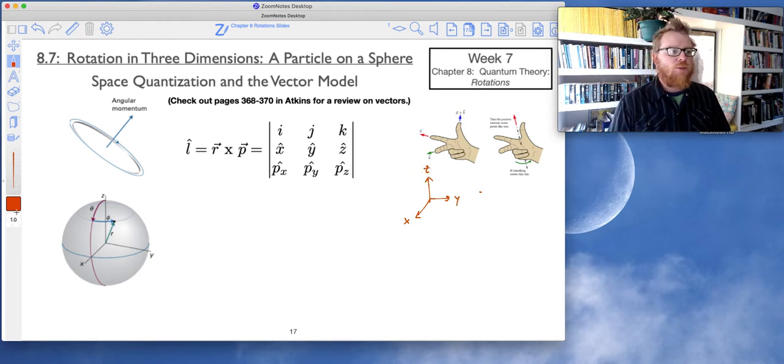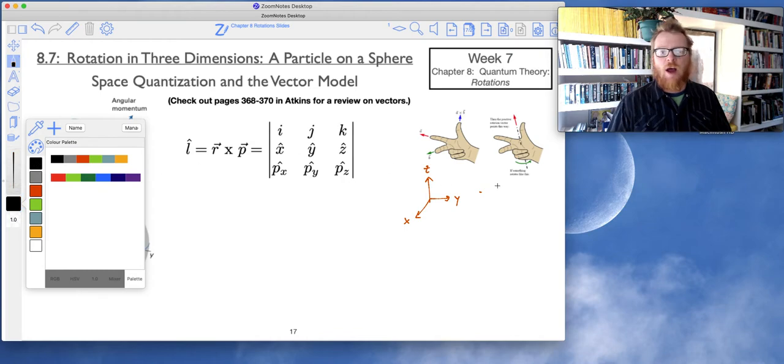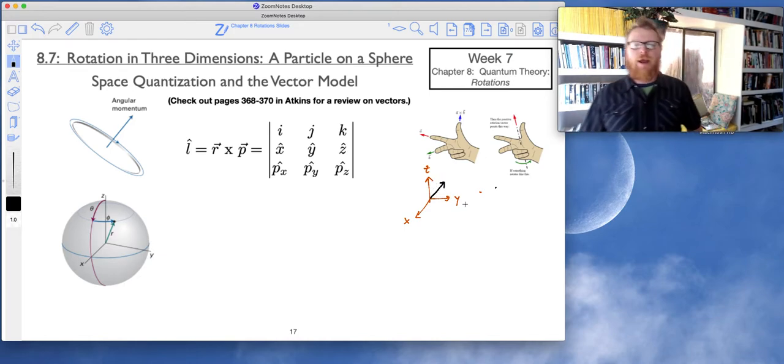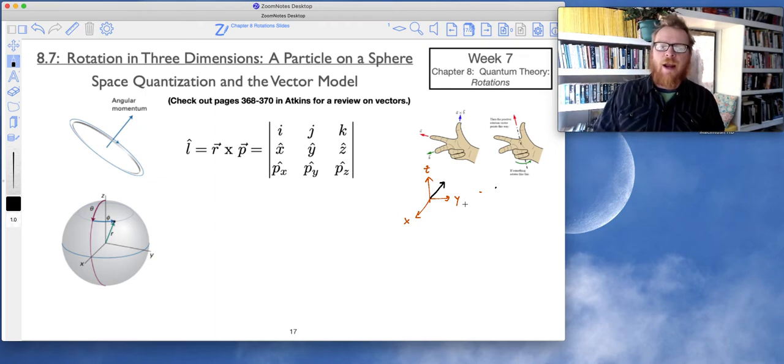All right, so I'm going to draw some vector going into the ZY plane. I don't know why I chose to draw this so small, but we're going to go with it. That vector has components in the z, x, and y dimension, depending on how we've drawn it.